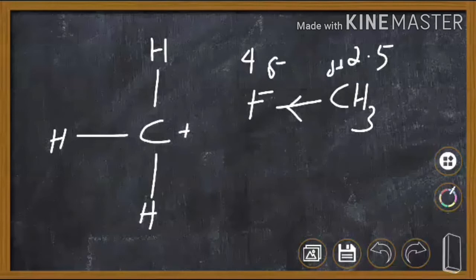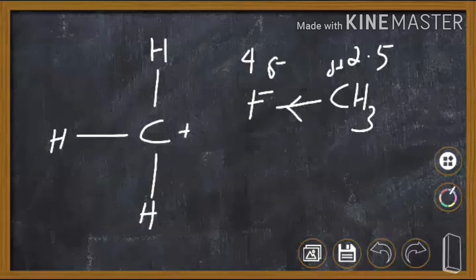Why? Because fluorine has a little more electron density compared to carbon. This is actually the inductive effect, that is the electronic movement via a bond or through a C-C bond. Suppose electron density is moving towards a species, that kind of inductive effect is called minus I effect.